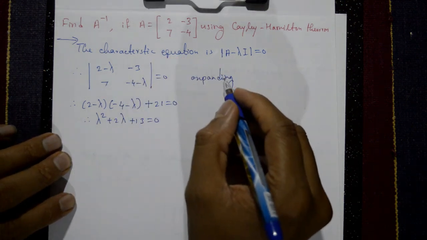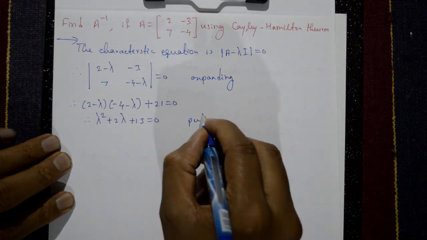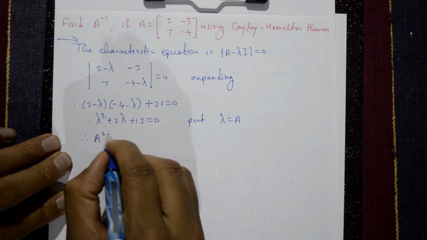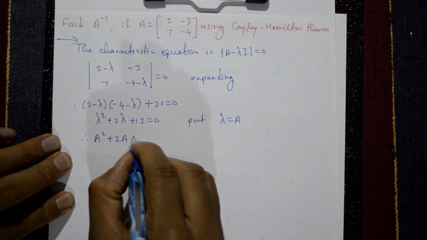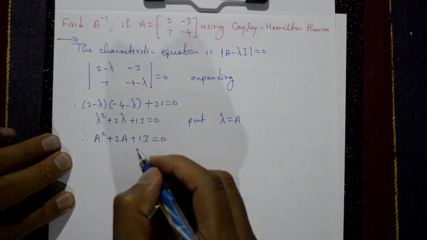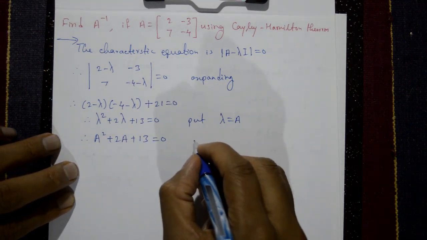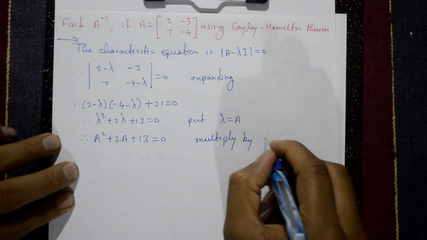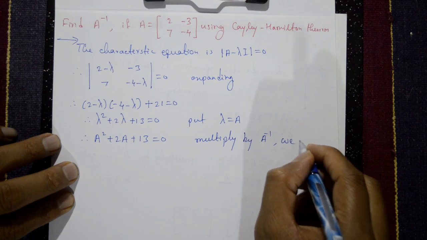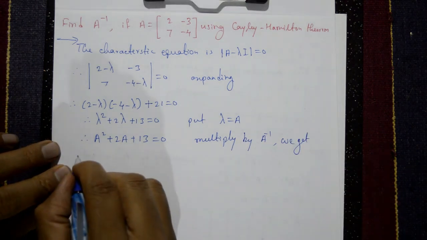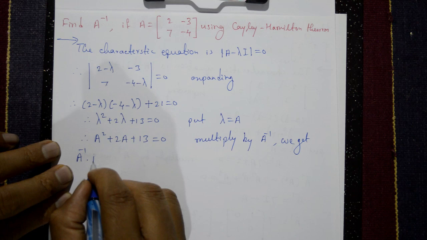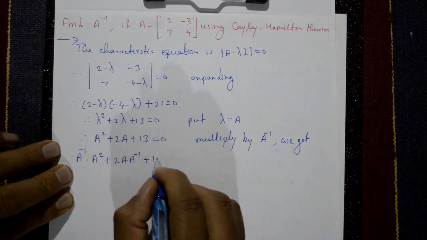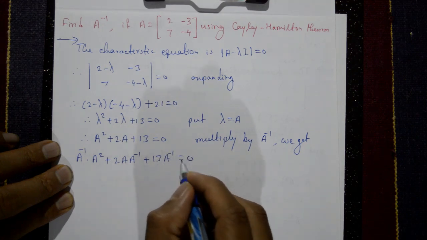By Cayley-Hamilton theorem, put lambda equal to A. Now therefore A square plus 2A plus 13 equal to 0. Okay, next step is multiply by inverse of A. So we get A inverse into A square plus 2A into A inverse plus 13 A inverse equal to 0.